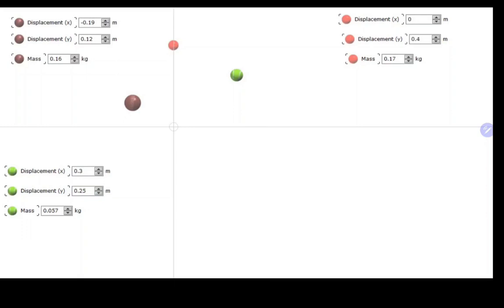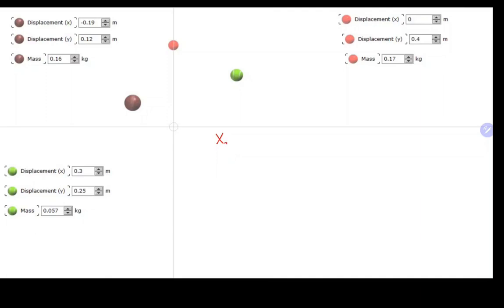Now in this situation we have three different masses. The mass for this one is 0.17, the mass for this one is 0.057 kilogram, and the mass for this one is 0.16 kilogram. Now we need to calculate the center of mass.